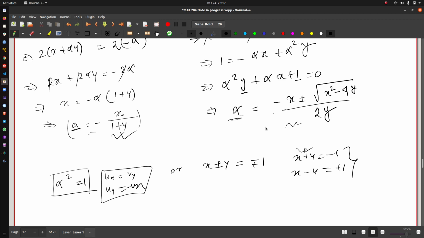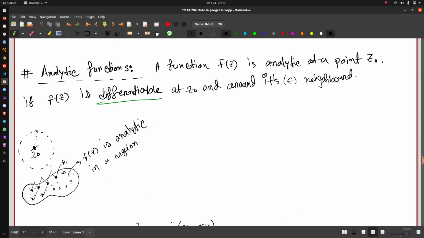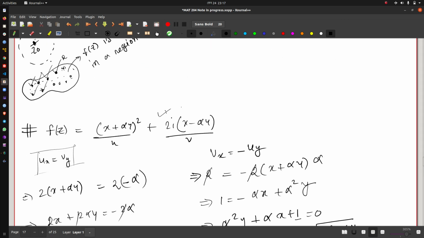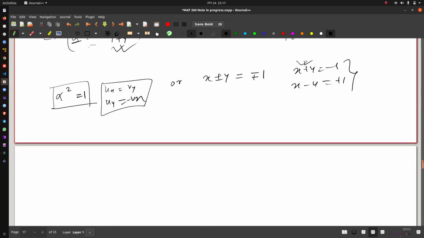So that's why you say that the derivative of this function that we are discussing in the example exists only on these lines, but when it comes to the question whether the function is analytic or not, the answer is that the function is not analytic anywhere. Why?